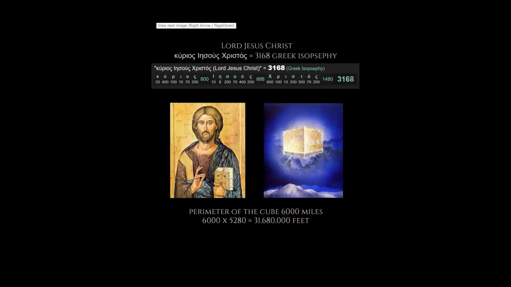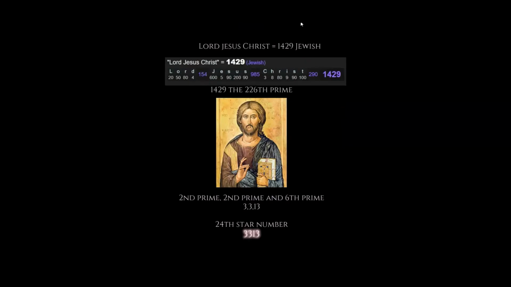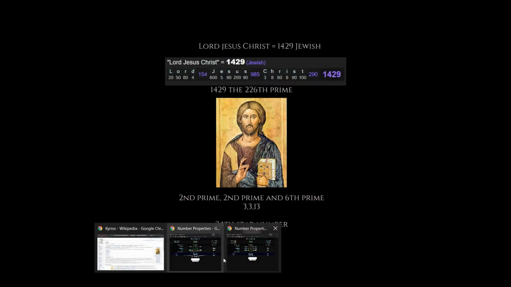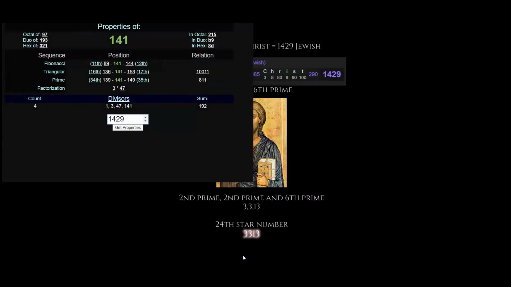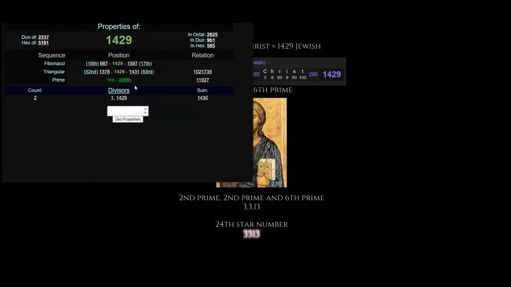He's being associated with the cube through the math and through the Greek isopsophy. If we take a look here at Lord Jesus Christ in the Jewish cipher, it sums to 1,429, and 1,429 is the 226th prime.